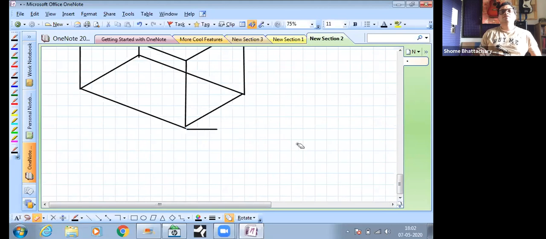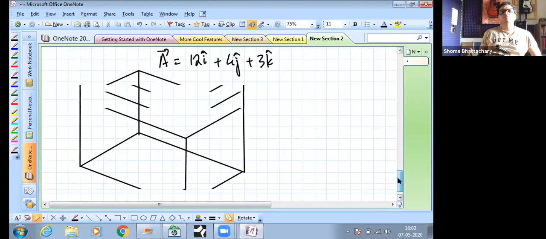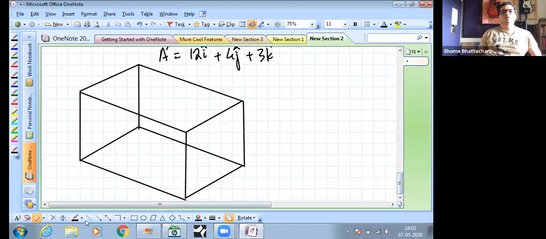And let's imagine that if I were to compare this box with the previous diagram, then this point was the origin of my coordinate system. This point was A, which I labeled as 12, 0, 0. This corner here was B, which I labeled as 0, 4, 0. And this corner here was C, which I labeled as 0, 0, 3.